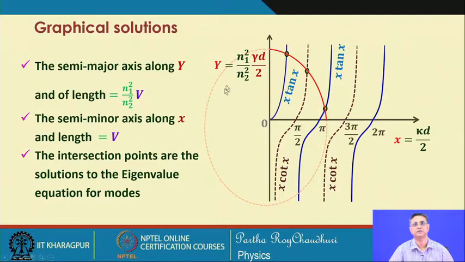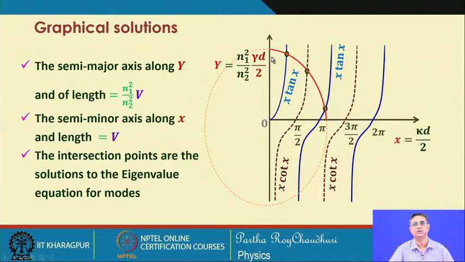So, you can look at this ellipse, it has this y as the semi major axis along y, which will be of length equal to this, and semi minor axis along this, because n1 is greater than n2. So, this quantity is more, and this quantity is just V. So, this factor times this will be the ratio of the semi major and minor axis.